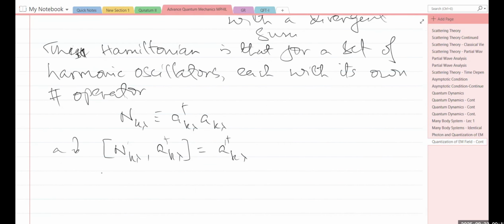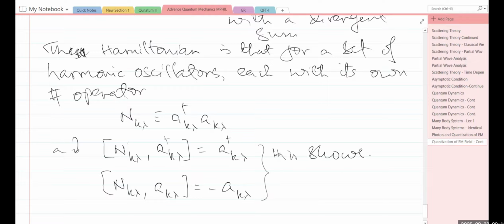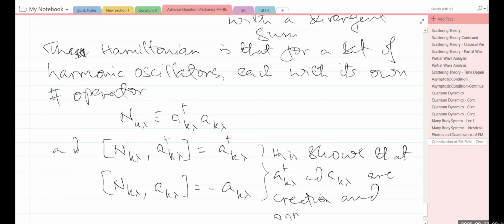Similarly, [n_kλ, a_kλ] would correspond to minus a_kλ without dagger. And this shows that a_kλ† and a_kλ are creation and annihilation operators.